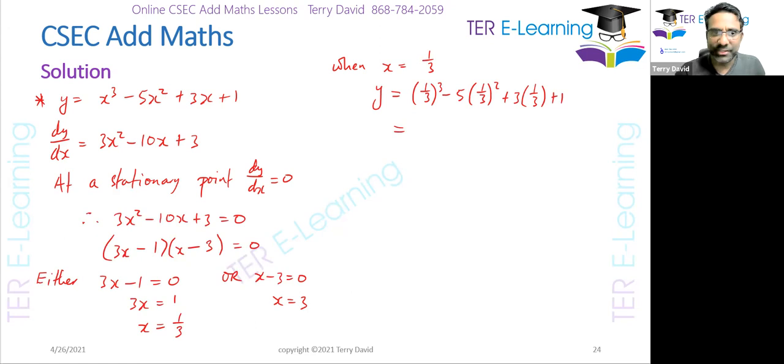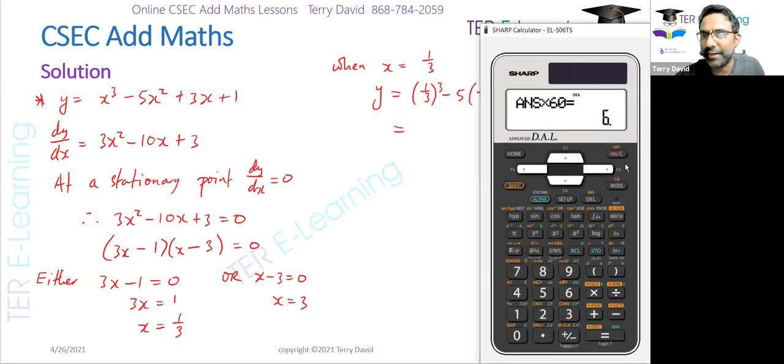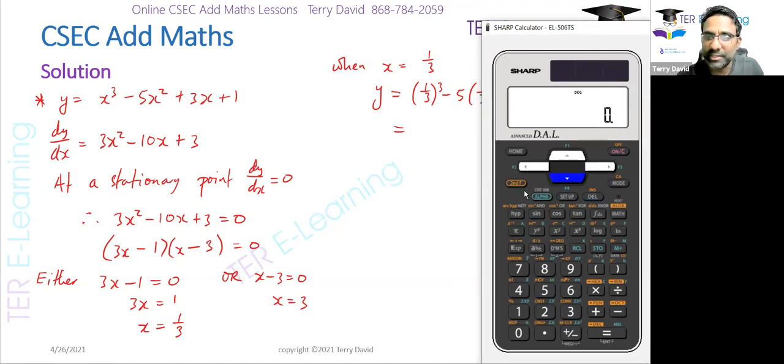Now, the easiest thing to do here, guys, is use a fraction calculator, right? This is the calculator that I typically use, because it can work fractions easily for me. So I'm going to work this out in the calculator.